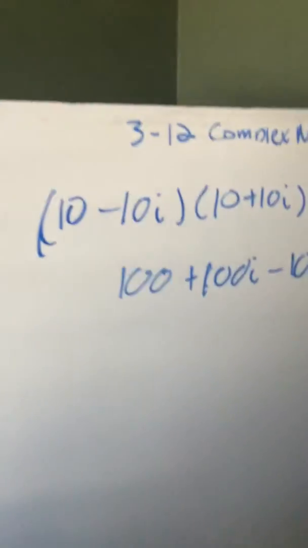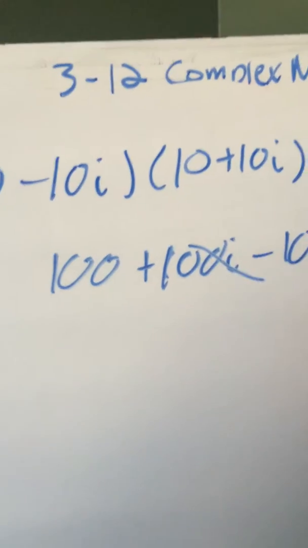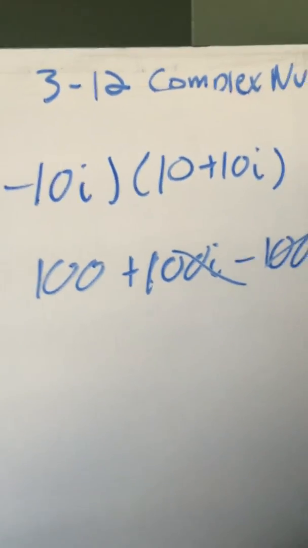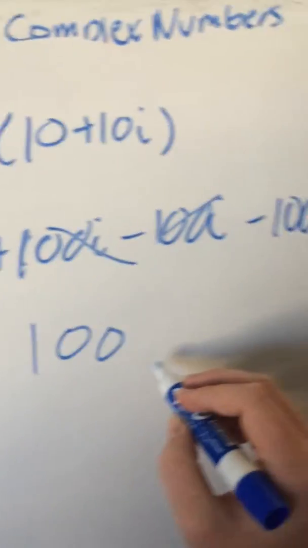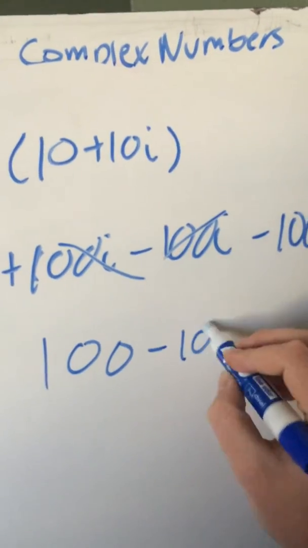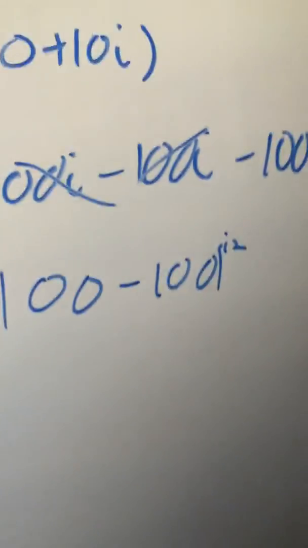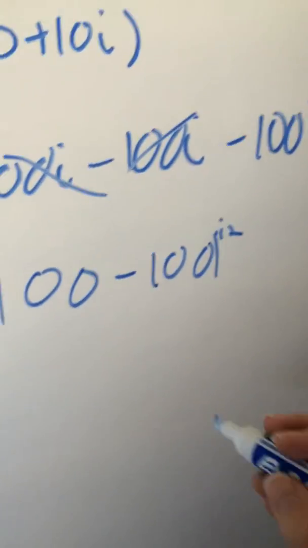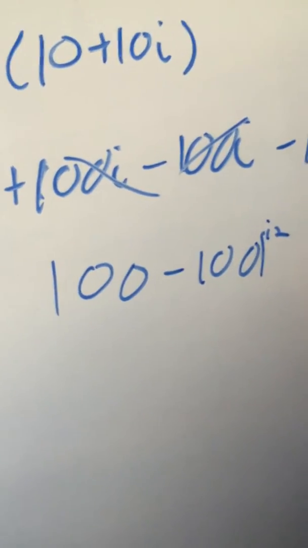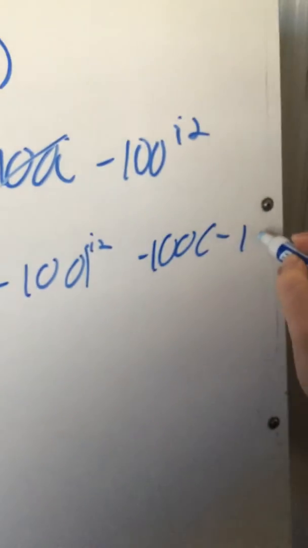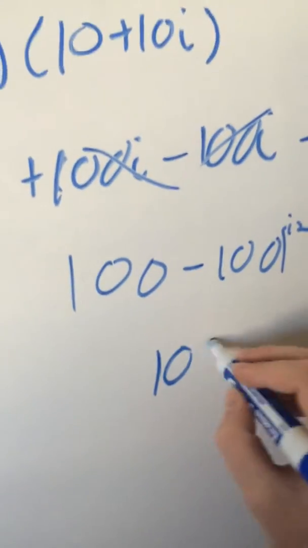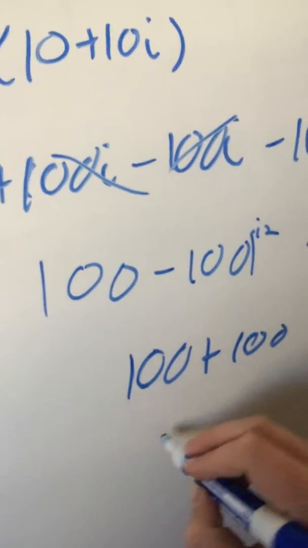These cancel out, so you have 100 minus 100i squared. And since i squared is -1, that'd be 100 minus 100 times -1. So it'd be 100 plus 100, which is equal to 200.